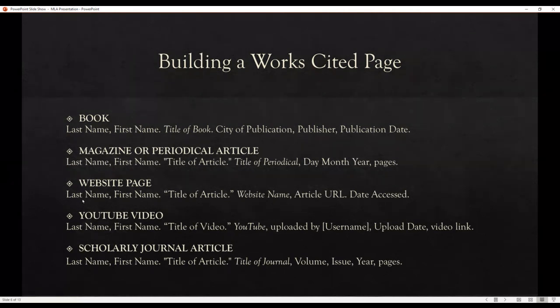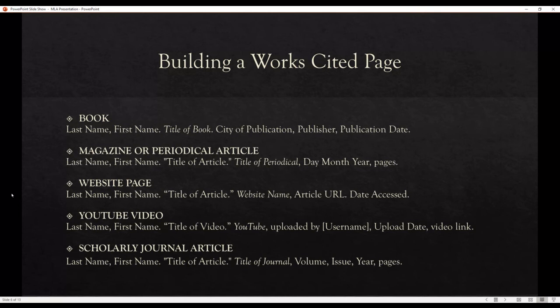Then we have our YouTube video, which again is last name, first name, quotation marks, the title of the video. You'll italicize YouTube. Then you will list uploaded by username. The username will be whatever the name of the YouTube channel is, then the upload date, and the video link.